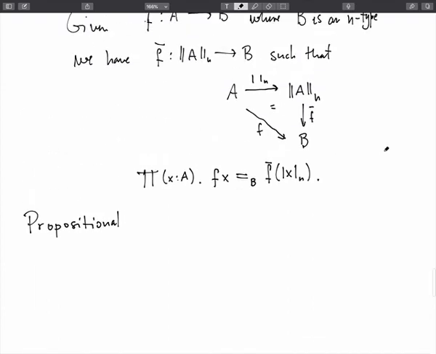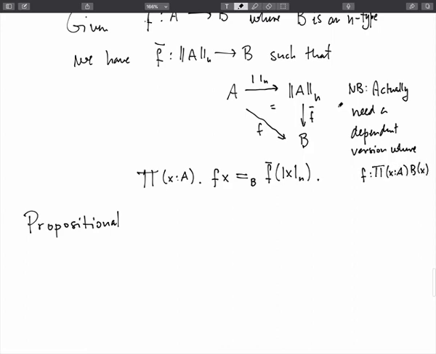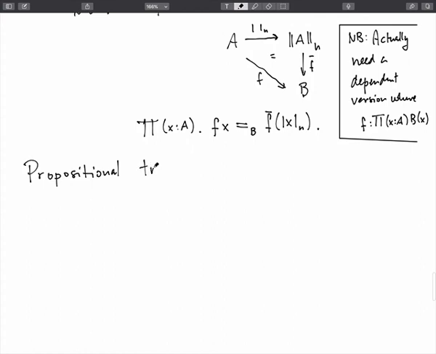Okay, so here I actually need a dependent version, where you have f by x, a, b x. Okay, so this was oversimplified. So propositional truncation.